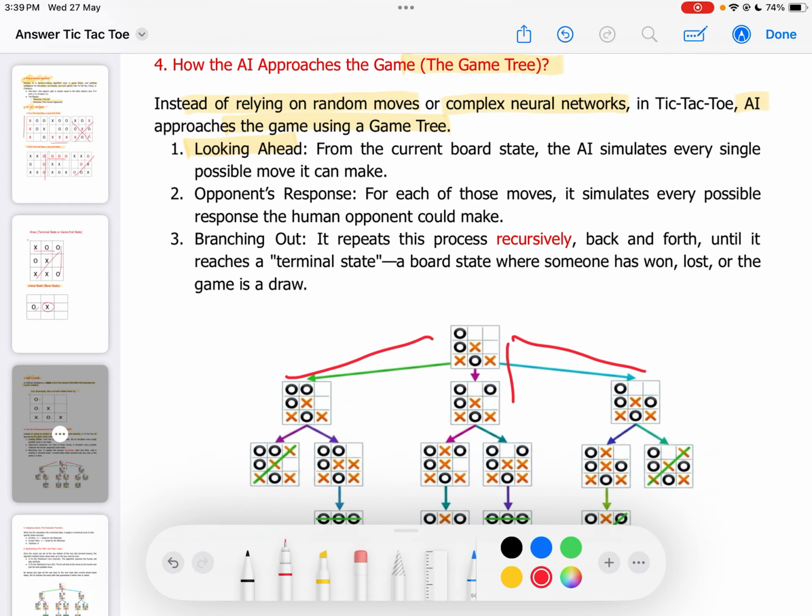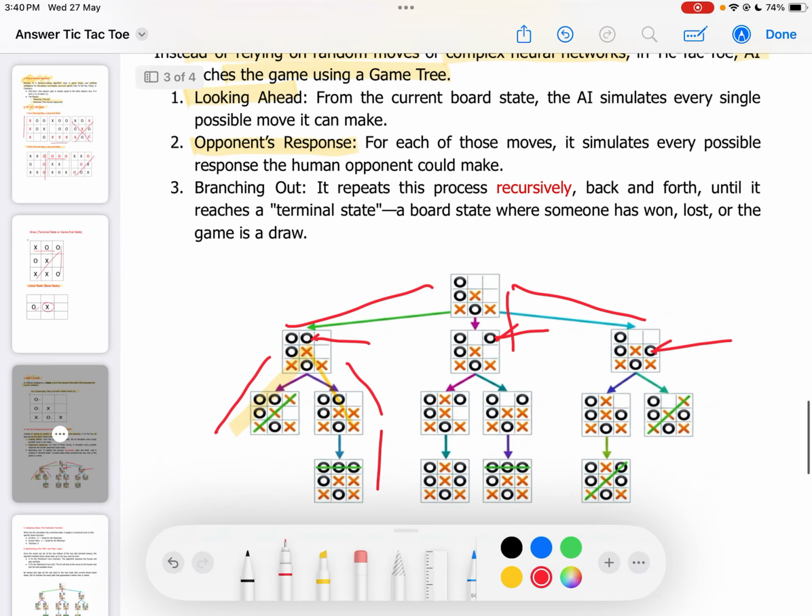Second is what the opponent's response might be, where the possible steps are that the human opponent can take. In this example, the O can be placed here or here or here. Three states are there: 1, 2, and 3. For these three moves, it will try to see what possible moves are available. It will think through and see what branches can happen.